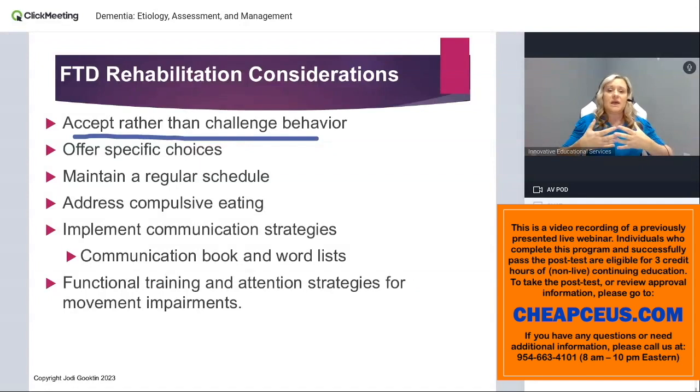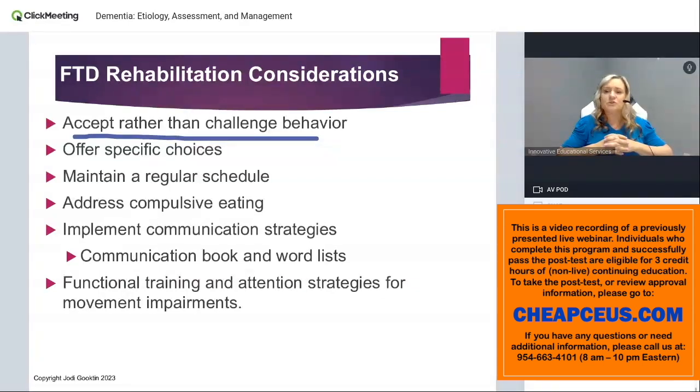And the way to look at it is it's the disease talking and acting, not the person. This is such a challenge that the Association of Frontotemporal Dementia actually has a 24/7 hotline, live help and support for caregivers and family members to manage this. So we need to be mindful of that.